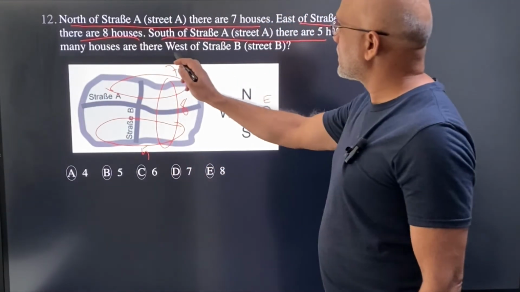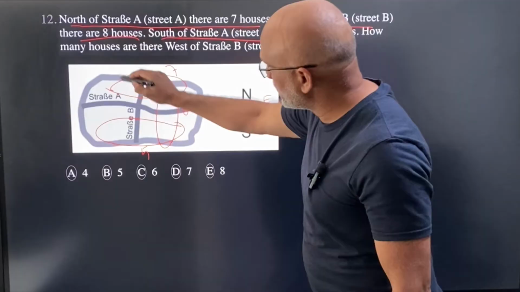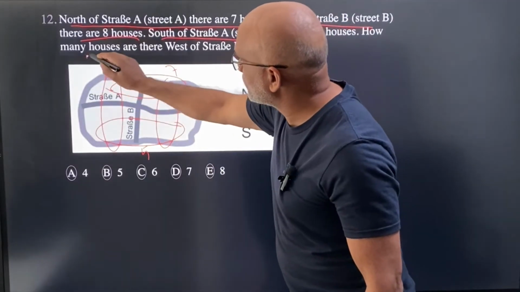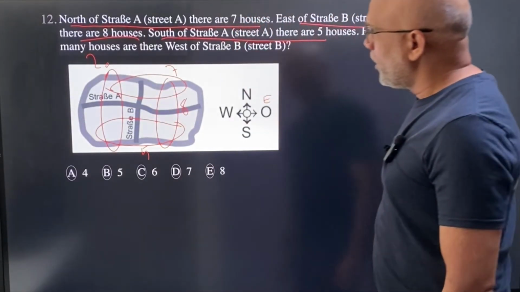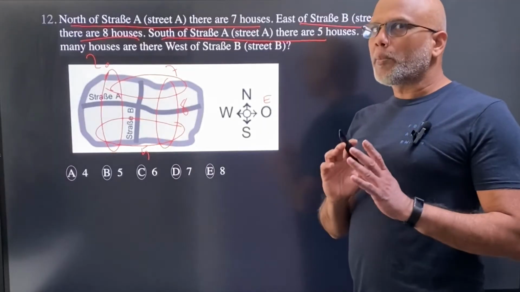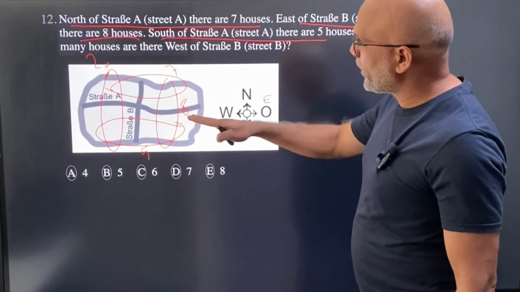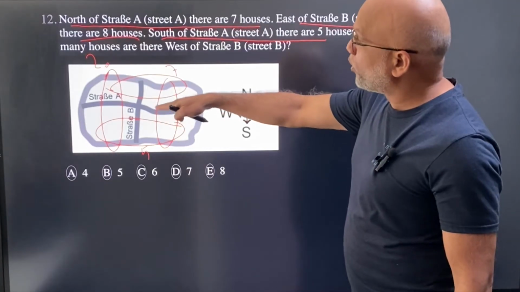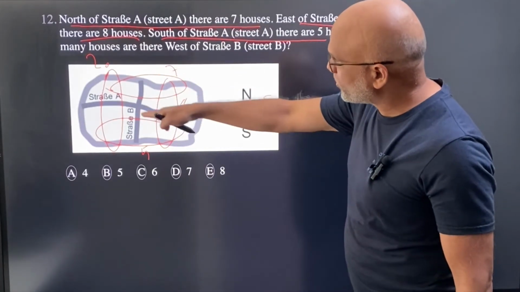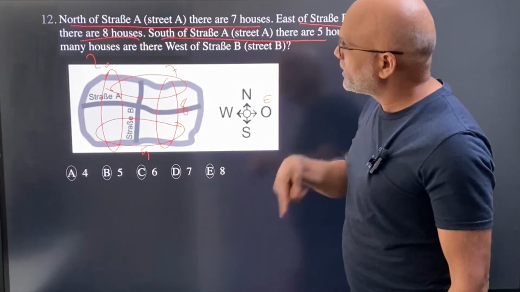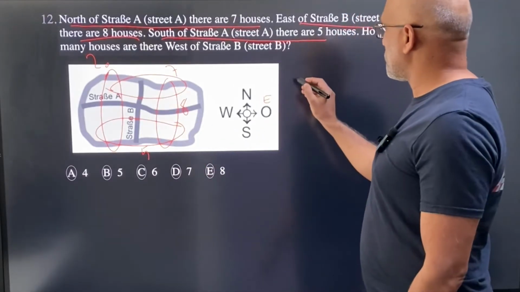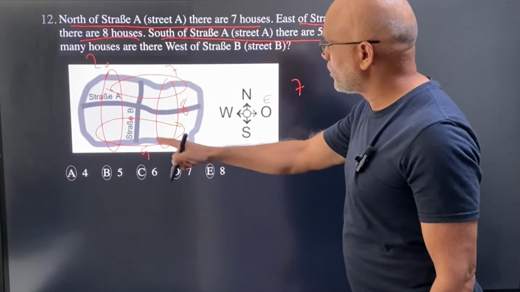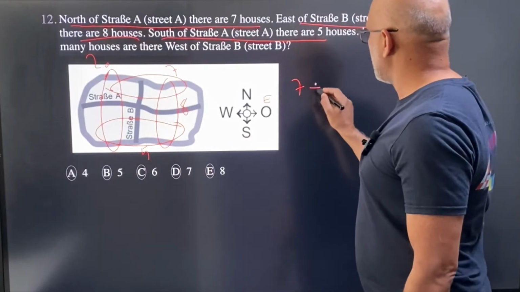How many houses are west of street B? This is B, this is the west region. So how many houses are there? Alright. So how many total houses are there? If we take the houses on both north and south of street A, which we know, that will give us the total houses. So total houses is 7 to the north, 5 to the south.